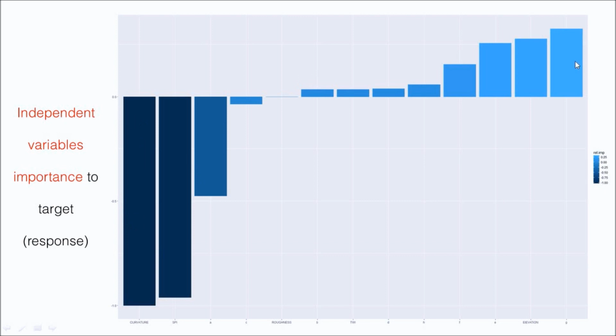For example, this is less than 0.25. Okay, so you can see all of them are close to each other, they're not too important, they're less than 0.25. But here, for example, the curvature is coming on the opposite, and it's -1. Also, it's a very nice explanation of the behavior of the conditioning factor with the target.